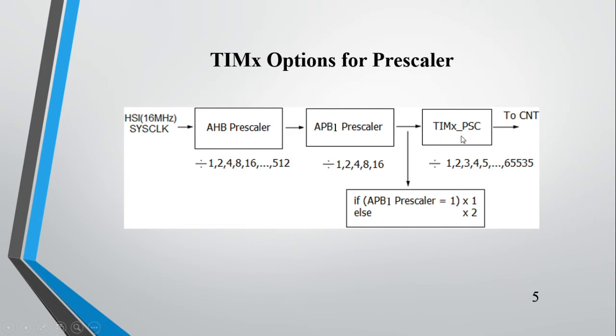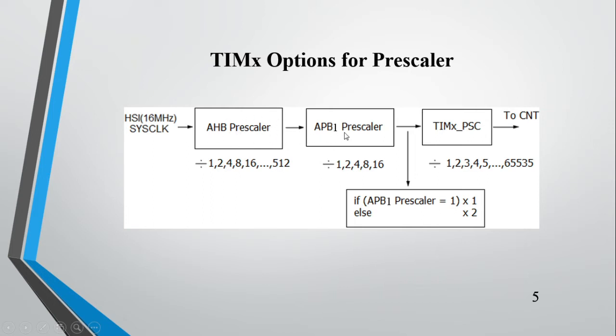We have seen that timer 2 is connected to the APB1 bus interface. So you can configure the APB1 prescaler, and APB1 is again connected to the AHB bus, so we can configure the AHB prescaler also.